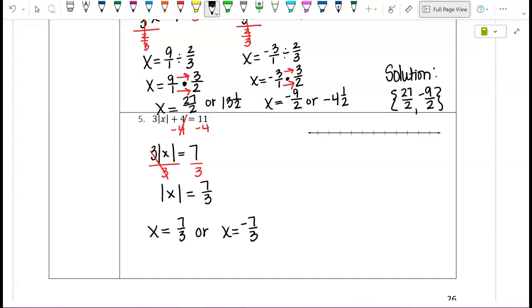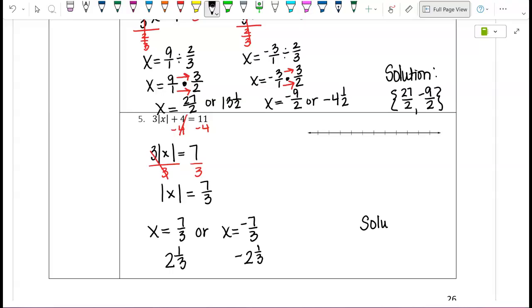Now, because it's just x inside, I don't have any other solving to do. But what is the mixed number for 7/3? 2 1/3. Which, because this is just the negative version, this would be negative 2 1/3.